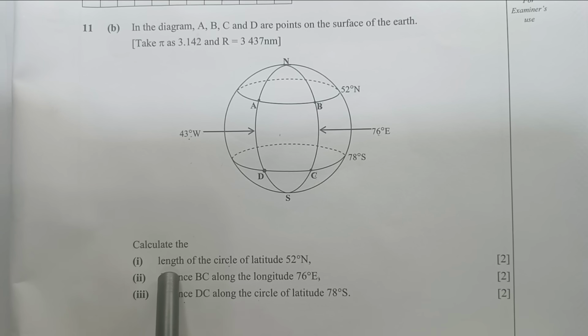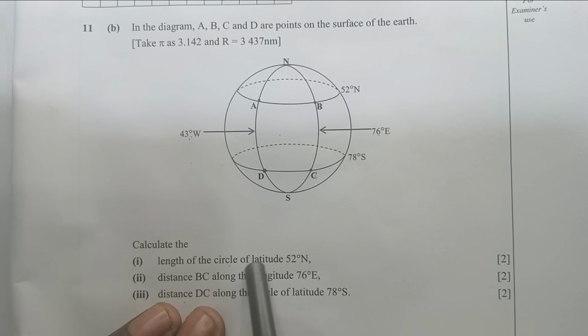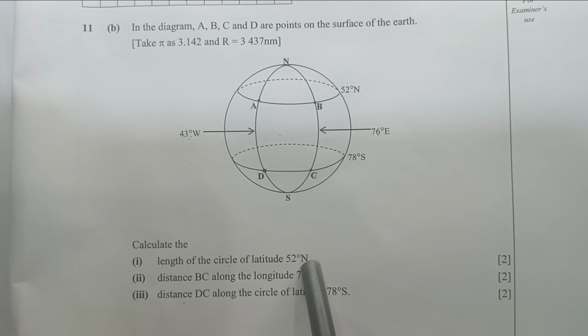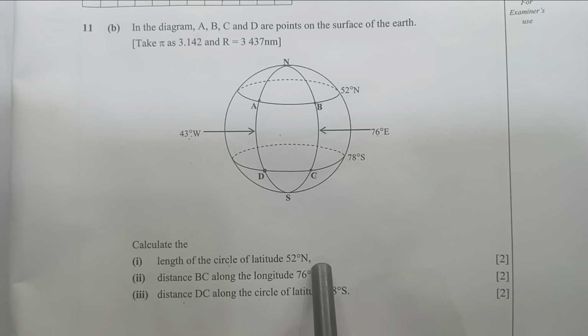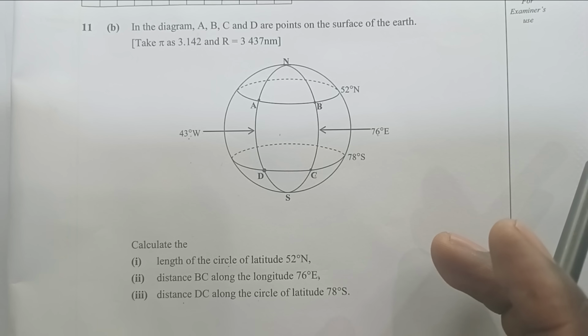So getting back to the question, it says calculate the length of the circle of latitude 52 degrees north. How can we calculate the length of the circle of latitude 52 degrees?